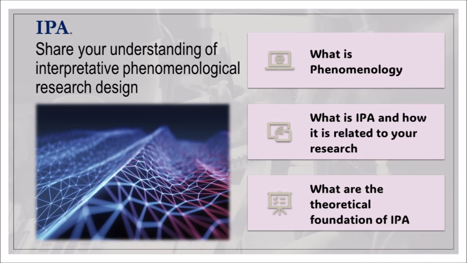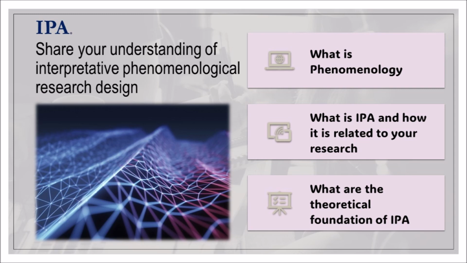Now, the next section is a very important section, because now you have to provide theoretical knowledge about IPA. While your research study is an interpretative phenomenological study, you should explain phenomenology and its emergence into interpretive phenomenology.